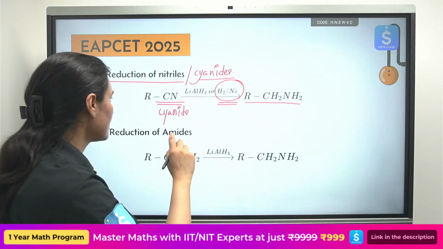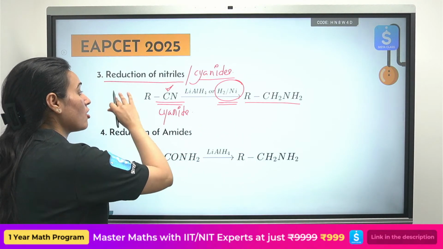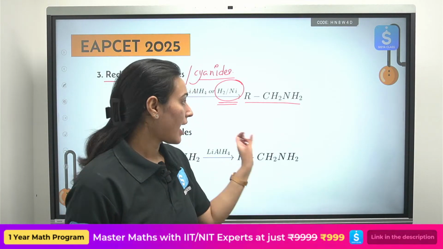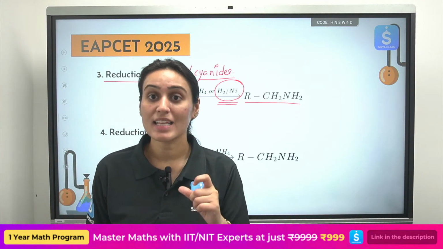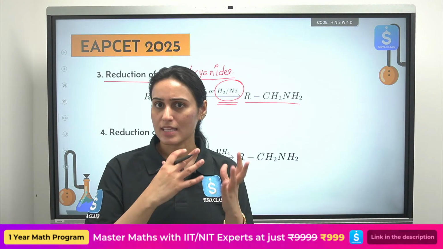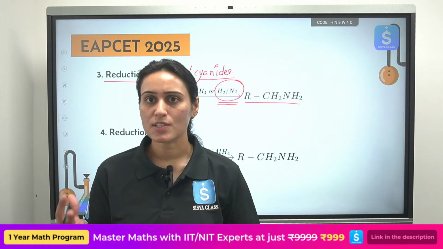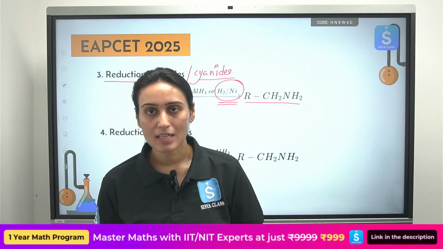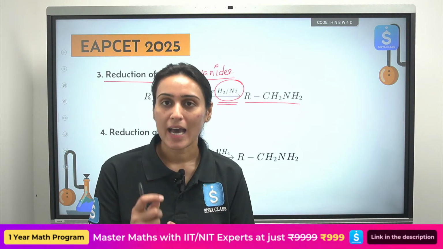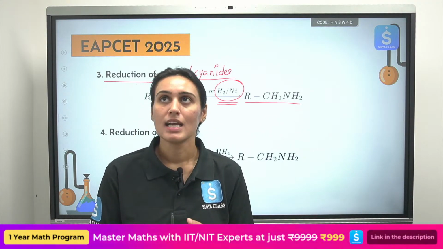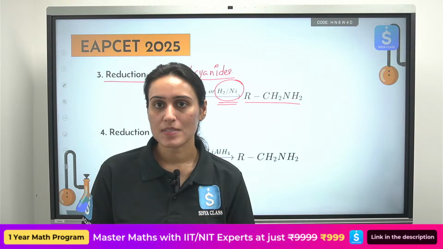One more thing. You have to see how many carbon atoms are present in your starting material and how many carbon atoms are there in the final product, because such questions are asked. They will give you one reaction, and ask about the final product and some characteristics of it. Are the number of carbon atoms the same in the final product as the reactant? Are there more carbon atoms than the reactant?